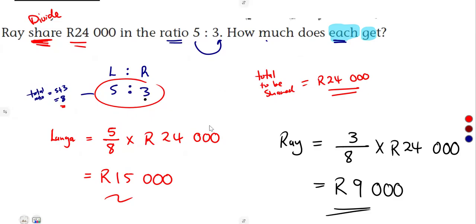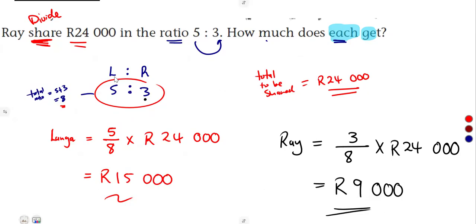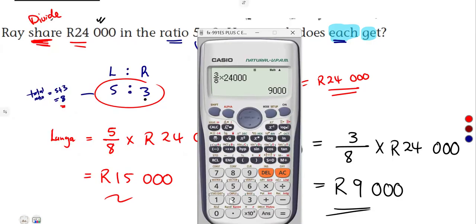Meaning to say, together combined must give us the total they shared. What Langa obtained, 15,000, plus what Mr. Ray obtained, which is 9,000, must add up to 24,000, what they are sharing.